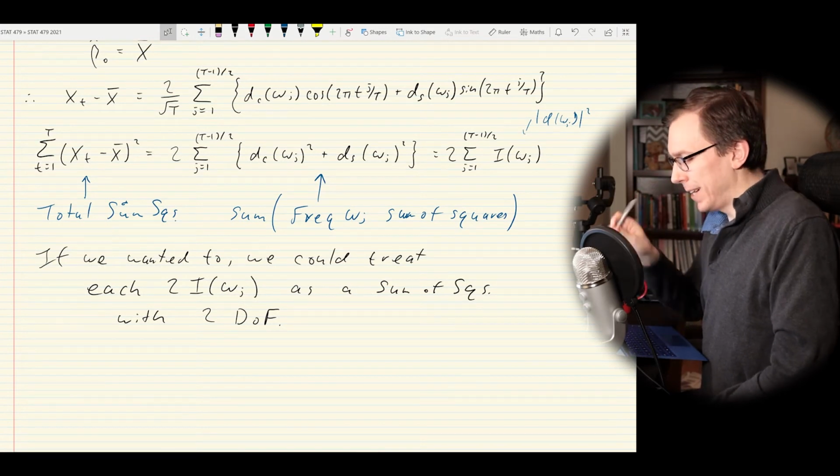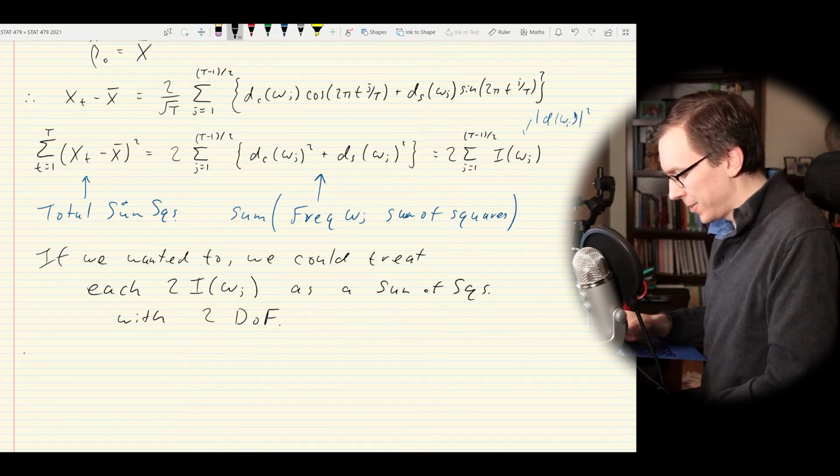So next we have to talk about what the next section is called, large sample behavior.